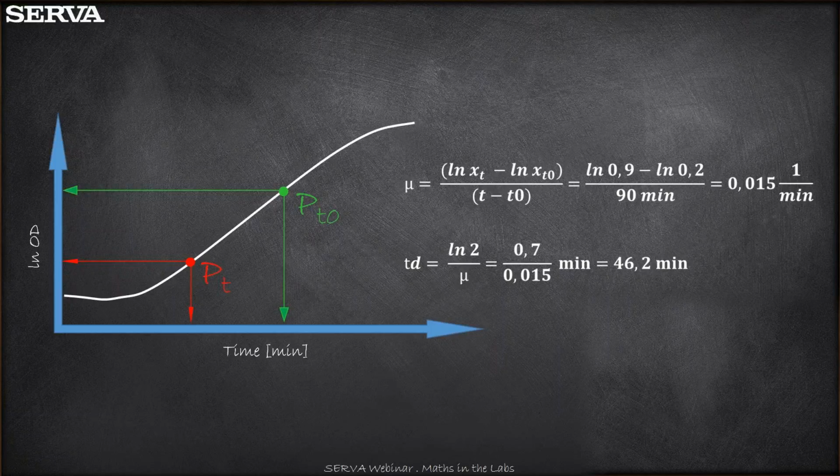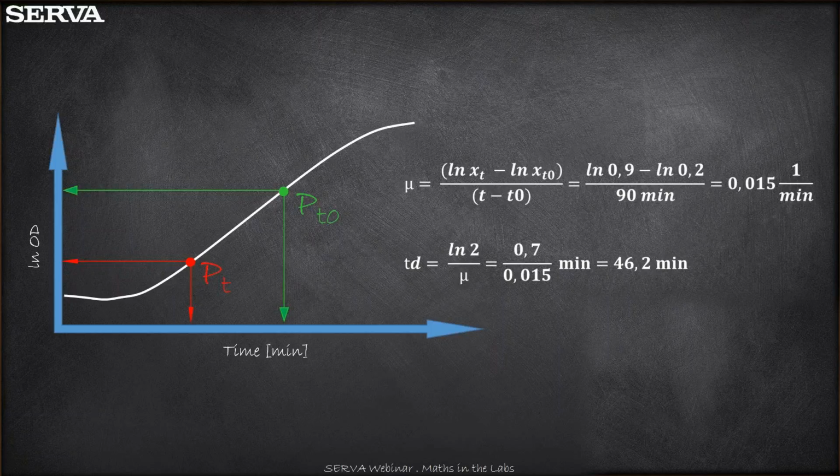Afterwards, you want to calculate the half-life, or doubling time. So you want to get rid of the natural logarithm: you do ln2, divided by your growth factor. If you calculate that, you get 46.2 minutes, meaning that your cells divide every 46 minutes.